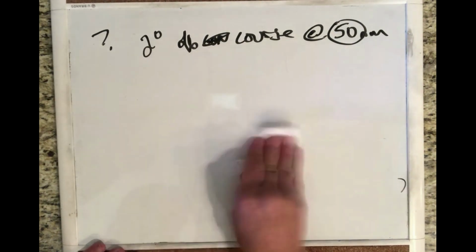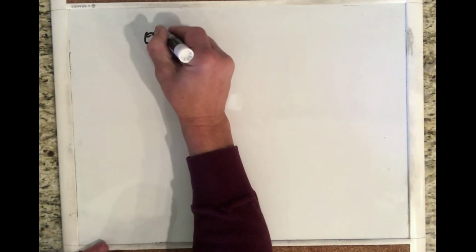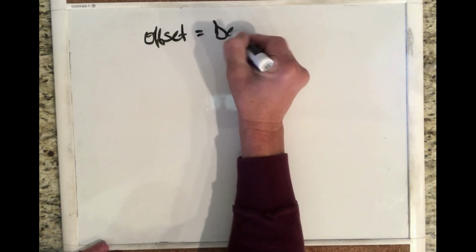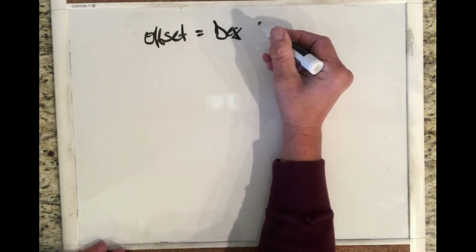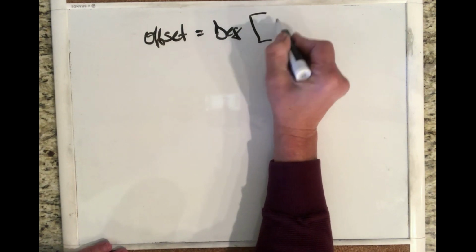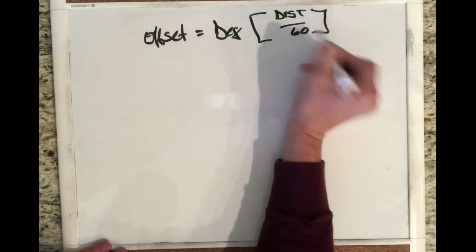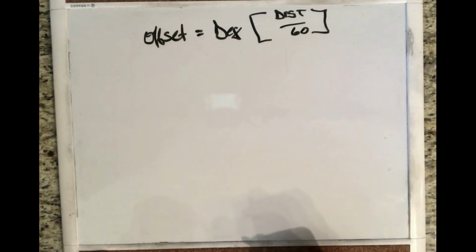Let's come up with another one. I'm going to erase this whole thing. I'll write the formula up at the top. Our offset, you could use whatever term works for you, is equal to the number of degrees we're talking about in question times the distance in question divided by 60. So here's another example.